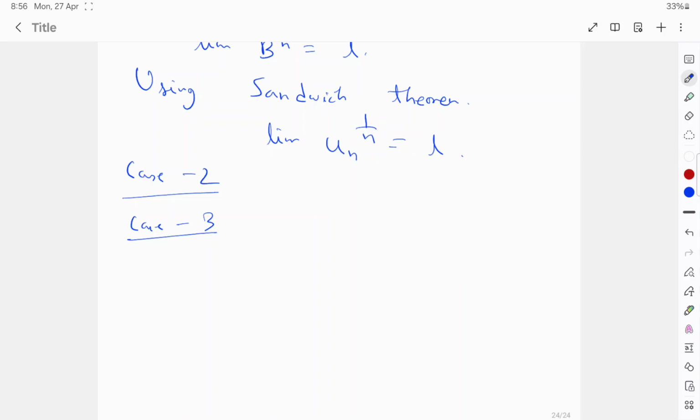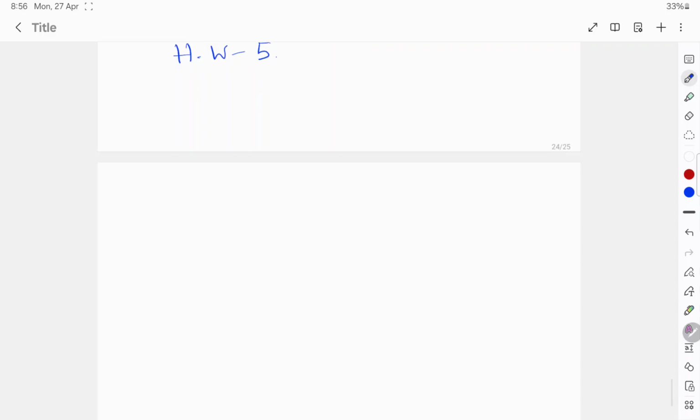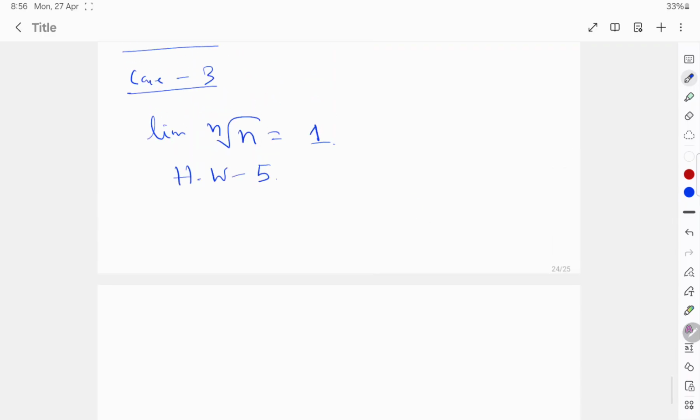Okay, one more thing. Suppose you have to prove limit n root of n equal to 1. So this type of thing you can do using the previous theorem. Okay, so this is your homework. Fine. How to prove? Just think your un is your n.